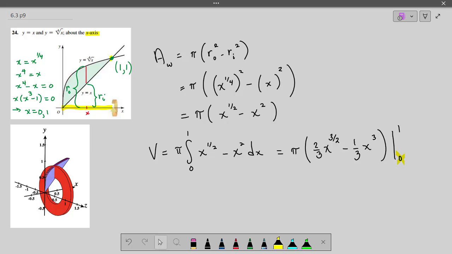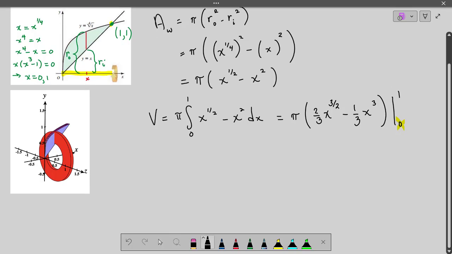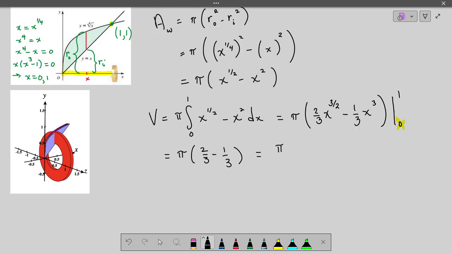Plug in 1, and we will end up with pi multiplied by the quantity 2/3 minus 1/3. So we will end up with pi divided by 3. That'll be the volume.